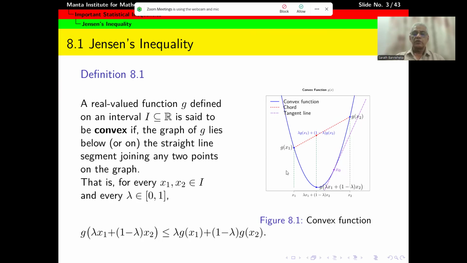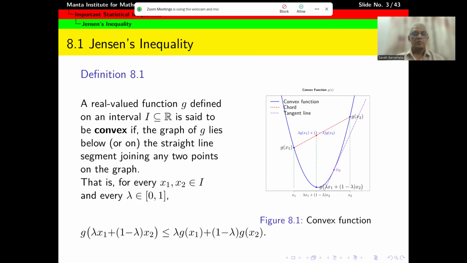For this function, if you consider any 2 points on the graph, say for example, g at x1 and g at x2, and if you consider the line joining those 2 points on the graph, if you consider any x value between the corresponding x1 and x2, the line corresponding to any point on the segment will be above the corresponding point on the graph.